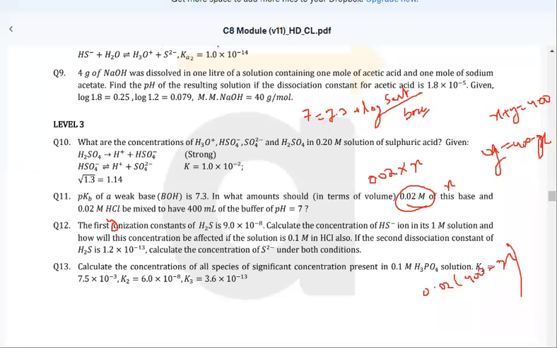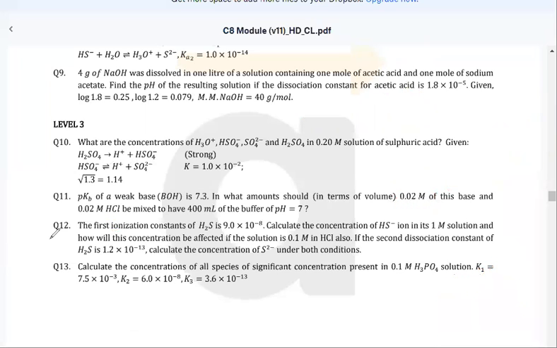Okay, next. Question number 11 clear? Next, question number 12. The first ionization constant of H2S is given, right? Calculate the concentration of HS minus. Okay, again.